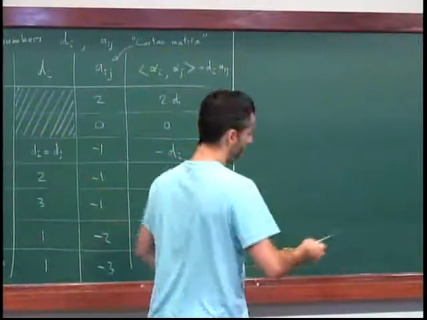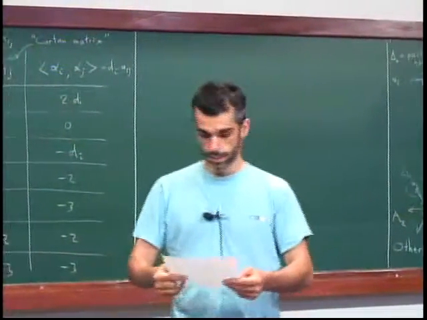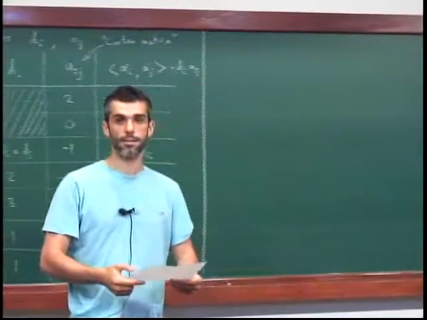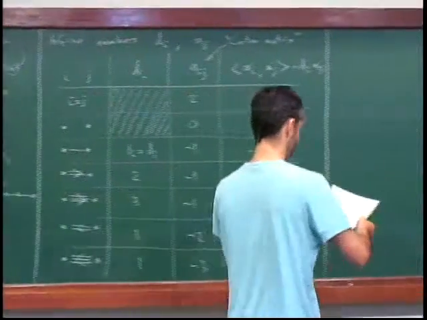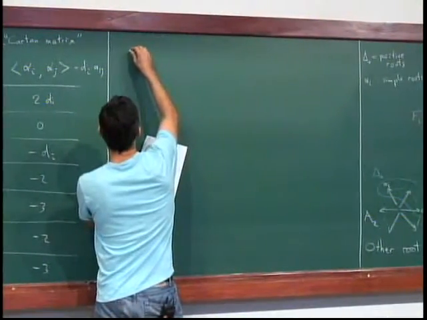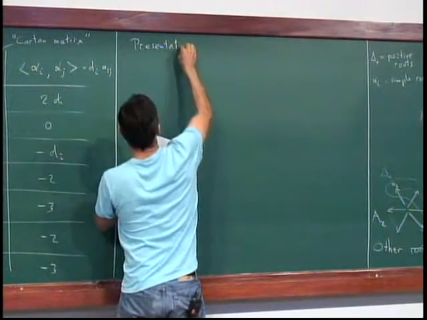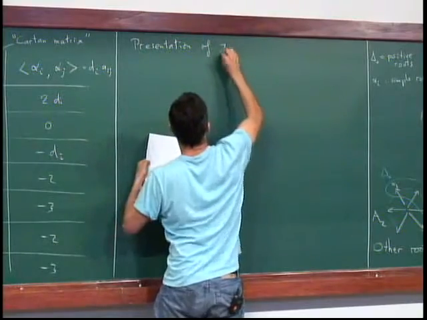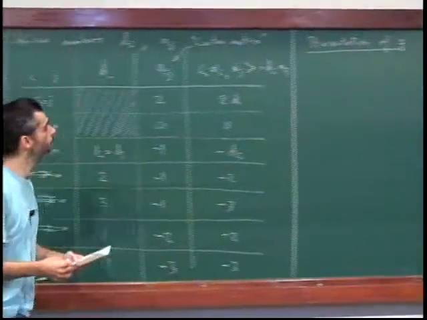Okay. So now that we have all that, we can define the Lie algebra corresponding to a Dynkin diagram, and we'll do that by giving some generators and relations. So now I fix a Dynkin diagram.